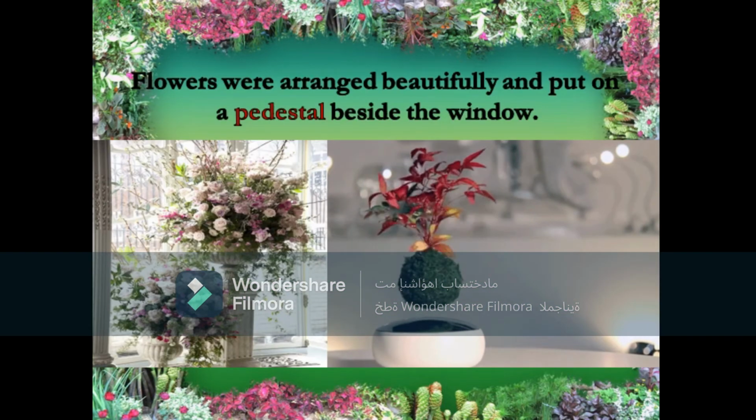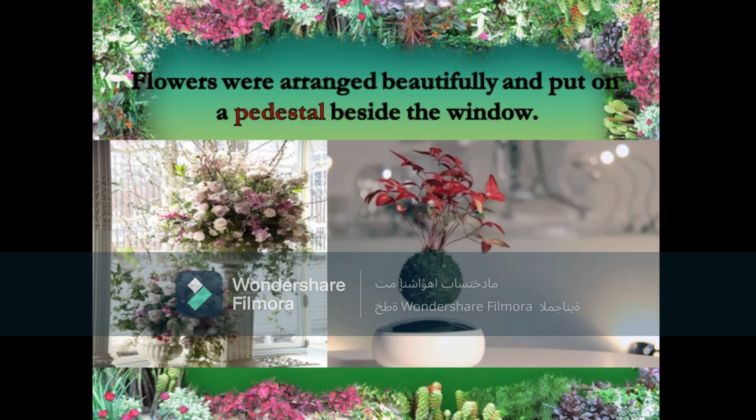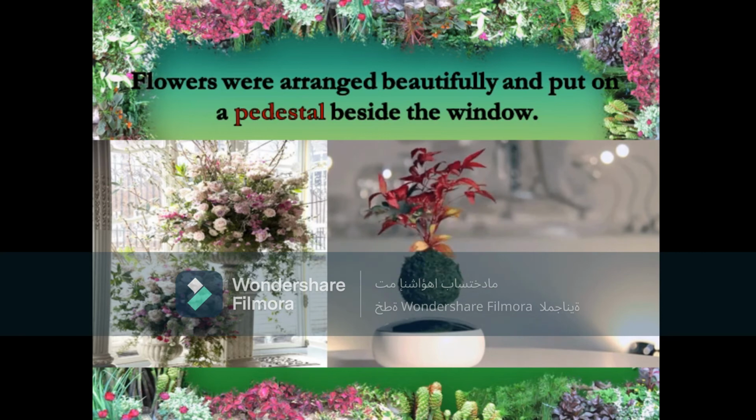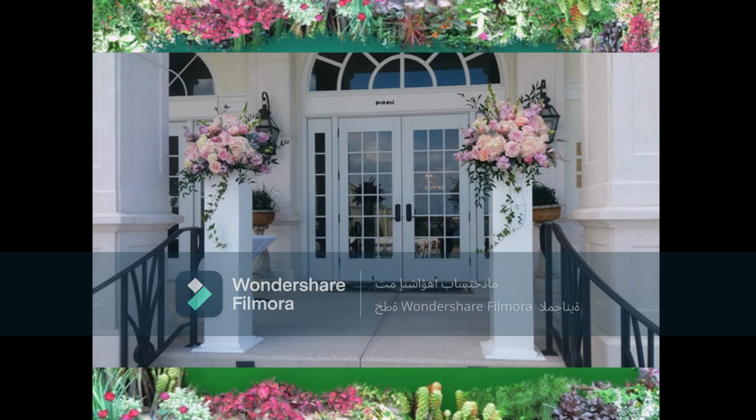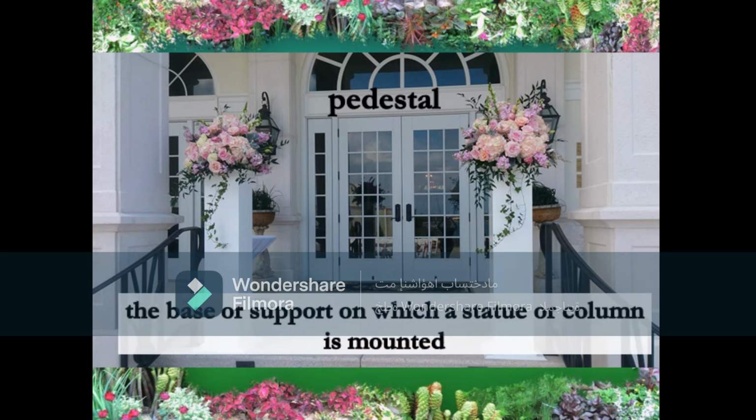We have an example. Flowers were arranged beautifully and put on a pedestal beside the window. Pedestal. Means the base or support on which a statue or a column is mounted.